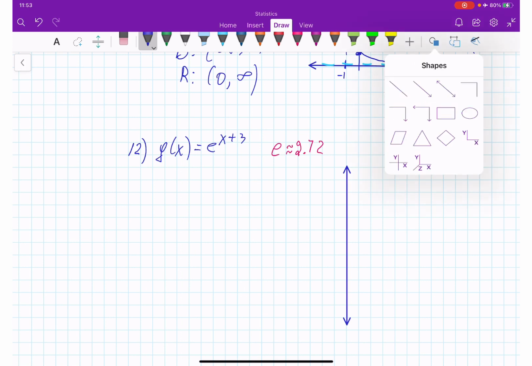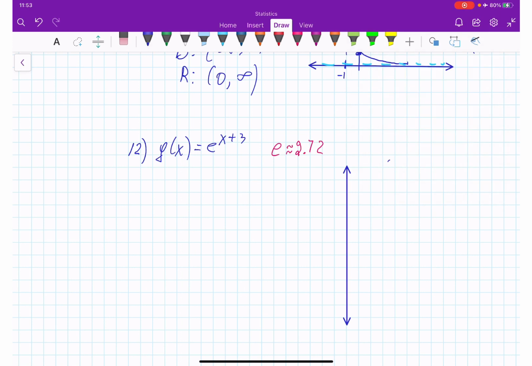This graph. Much better, moving it down. So let's see, e to the power x. If it were 3 to the power x, I would go 1, 2, 3, right? But I have 2.72, which is going to be somewhere here.